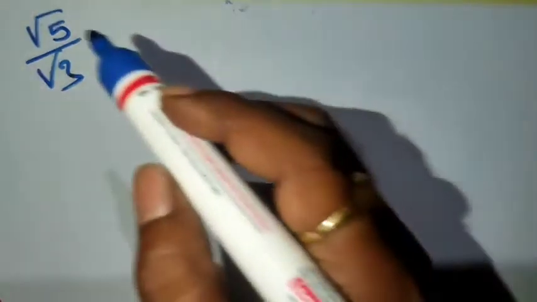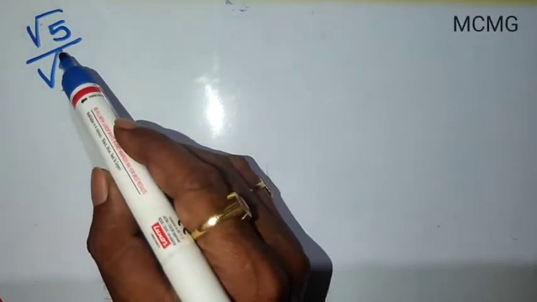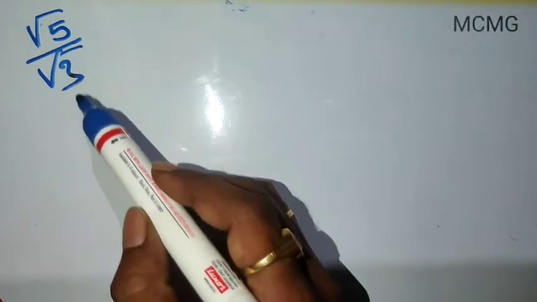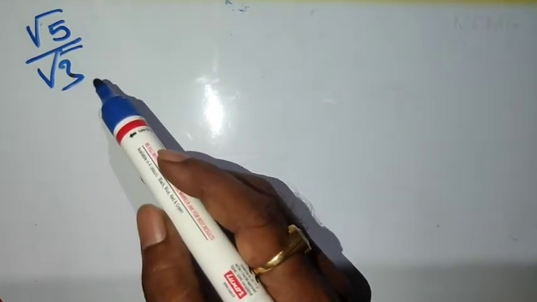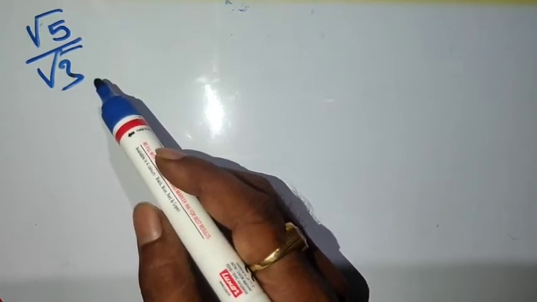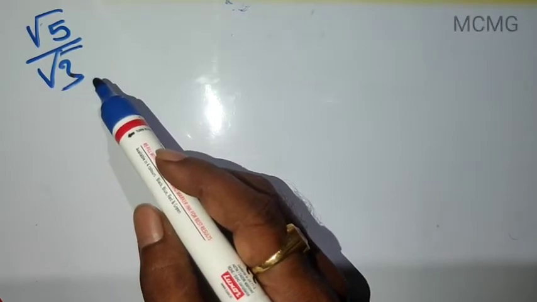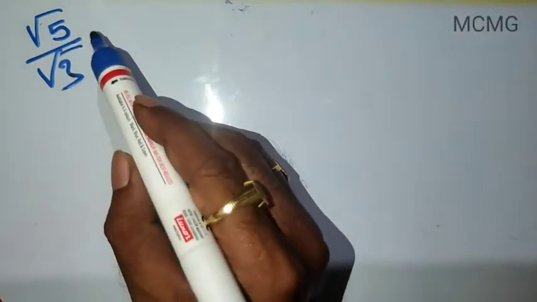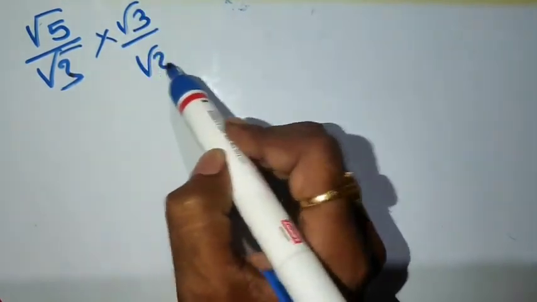For example, root 5 by root 3. See here, numerator is root 5, denominator is root 3. We have to rationalize the denominator. So what is the RF of root 3? What surd should we multiply to get a rational number? Again, root 3 itself. So multiply the numerator and denominator by root 3.